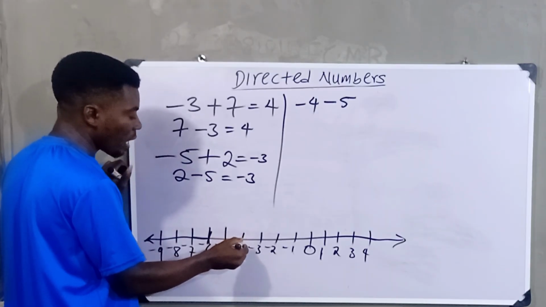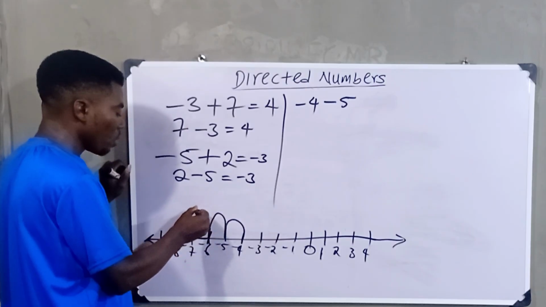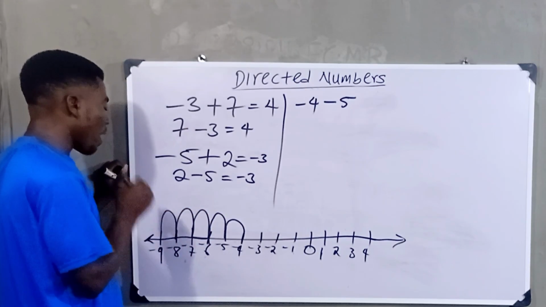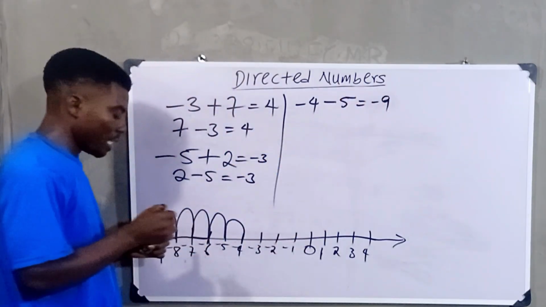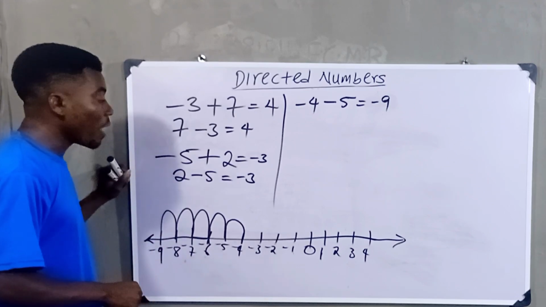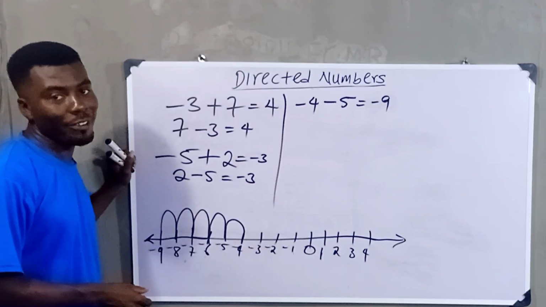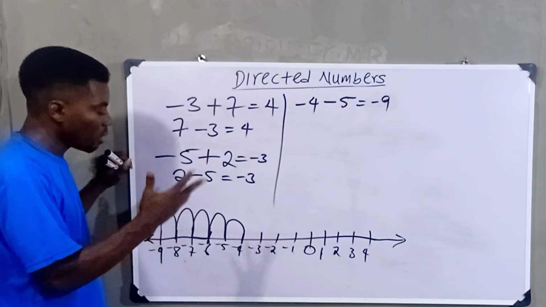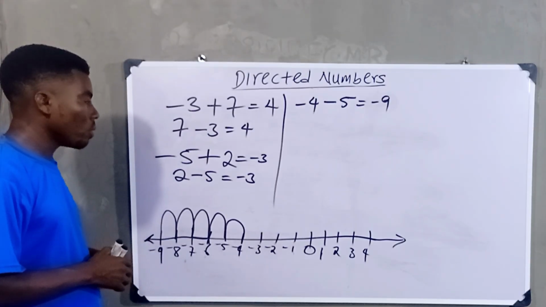We're going to move 5 times: 1, 2, 3, 4, 5. And that will give us negative 9. Negative 4 minus 5, forgive me for that, gives us negative 9. And that is how we do that.